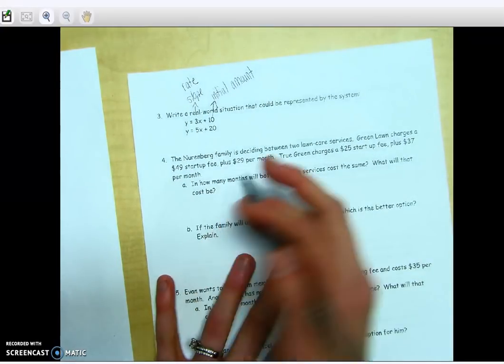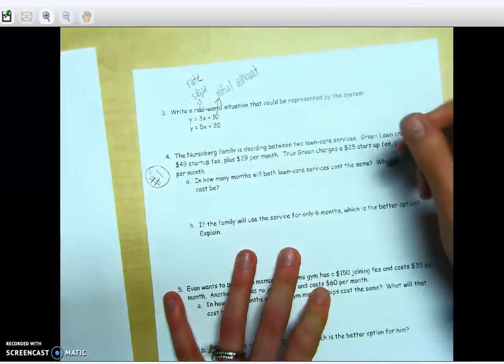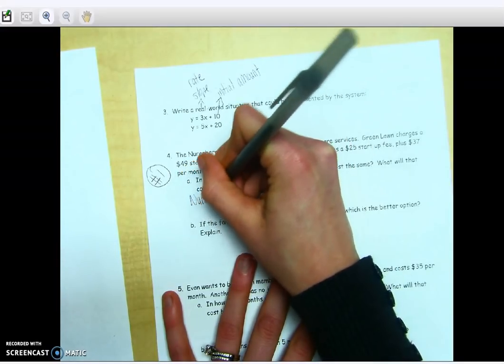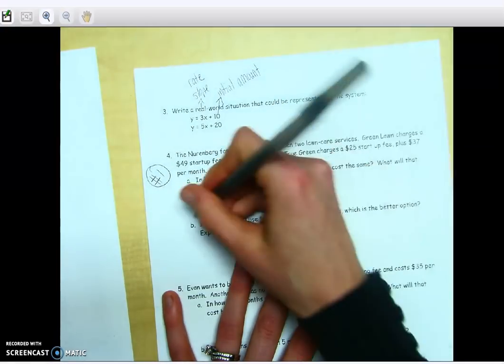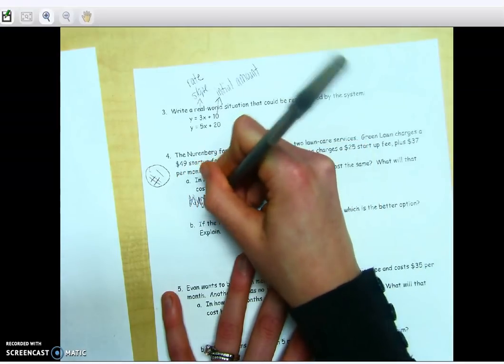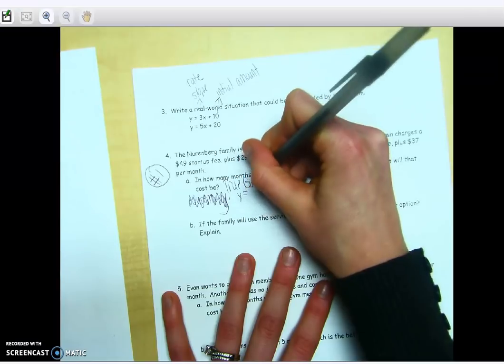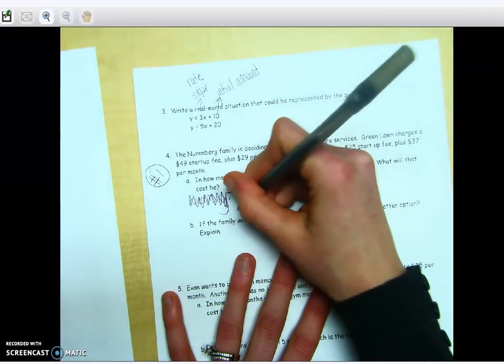If you look at this next question, I'll give you a little hint. Number 4 is just like number 1, where you're going to have 2 different y equals equations, one for the Nuremberg and then one for the True Green. I'm sorry. So you're going to have one equation for True Green Lawn Care, and then you're also going to have one for Green Lawn.